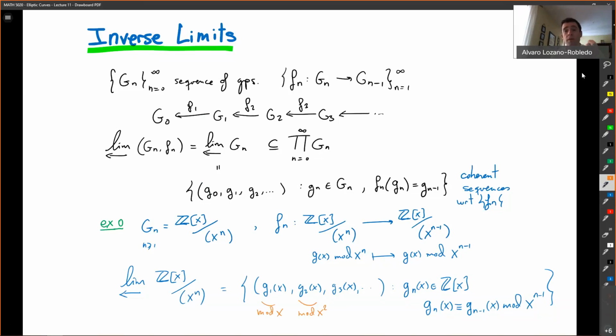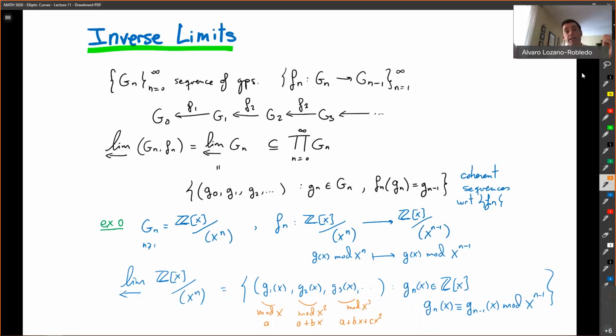The second term, I can think about it: this is just, say, a. This is going to be essentially a plus bx, because it's modulo x squared, and the coefficient a is the coefficient from g1. For this one, this is modulo x cubed, so it's going to be something like a plus bx plus cx squared, and that's all the information that I really need from that term, and so on.